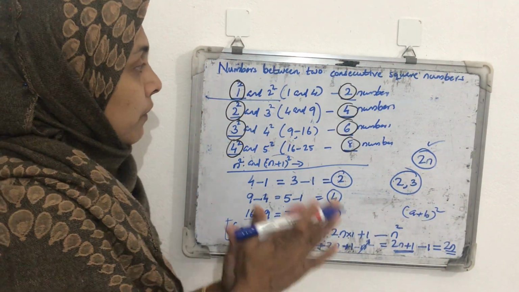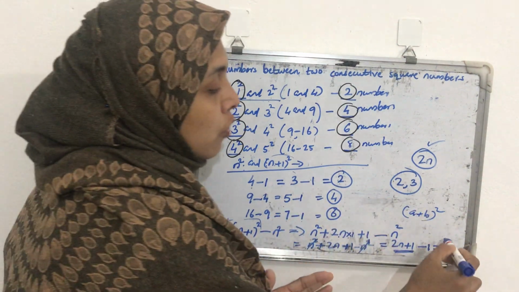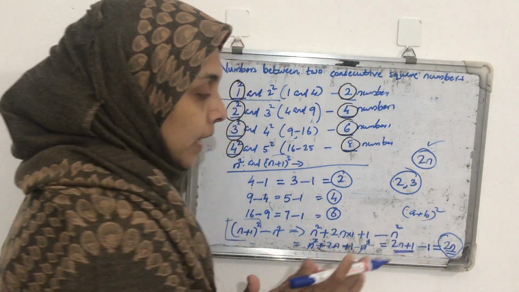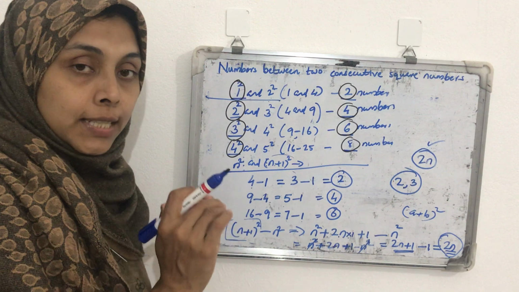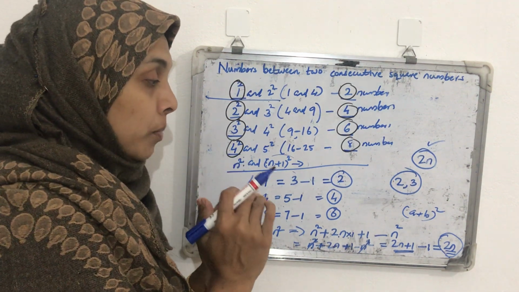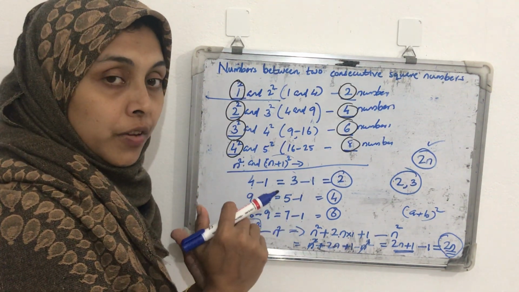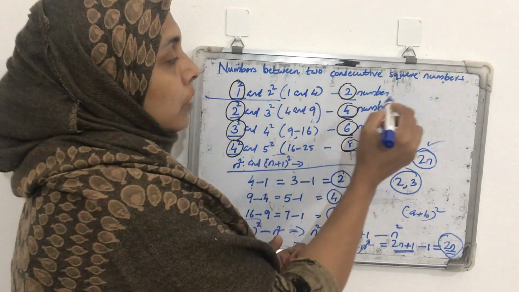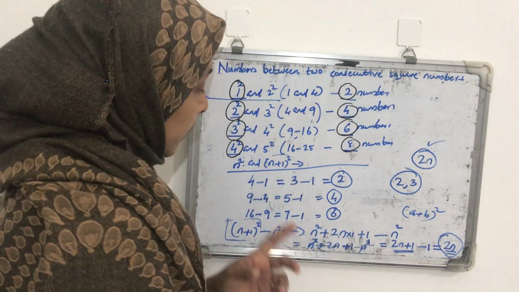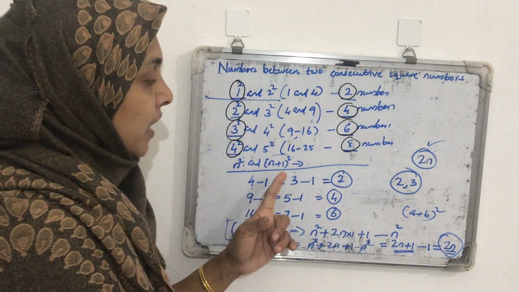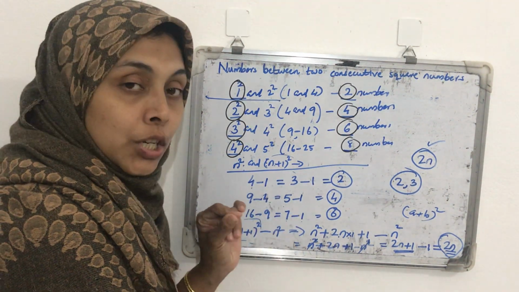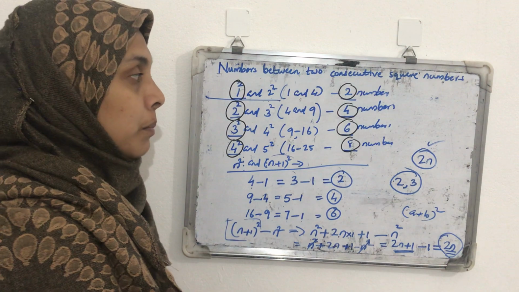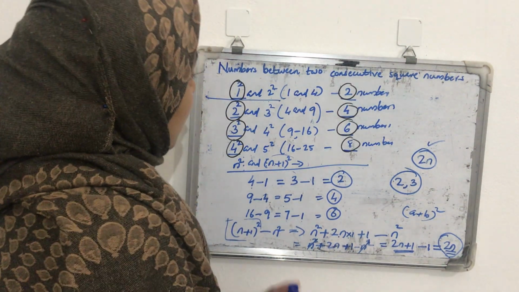So this way we find the general formula. Anyway, we want to understand how many non-perfect square numbers there will be in between two consecutive square numbers. If the numbers are n square and n plus 1 whole square, there are 2n non-perfect square numbers. One more example we can do.